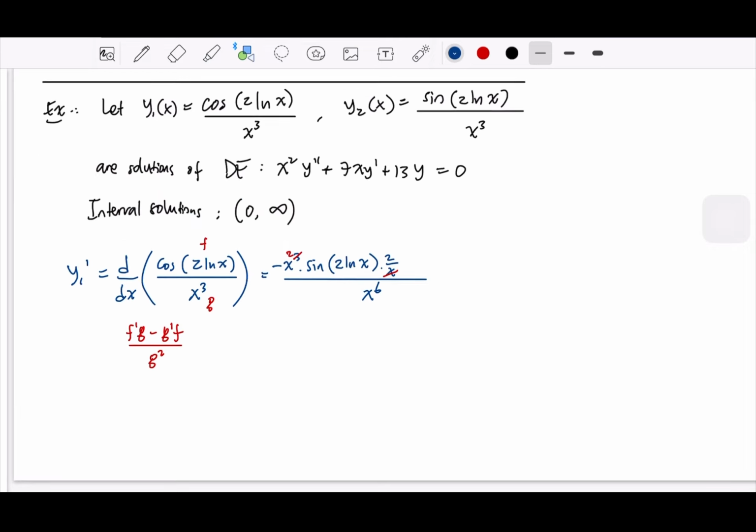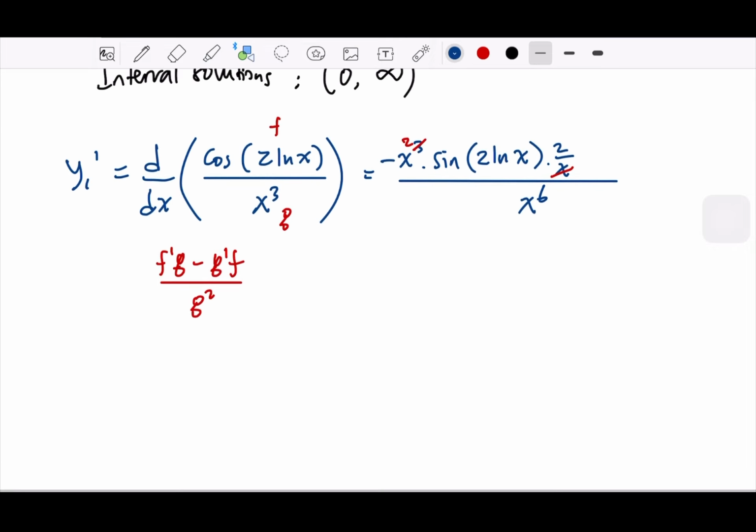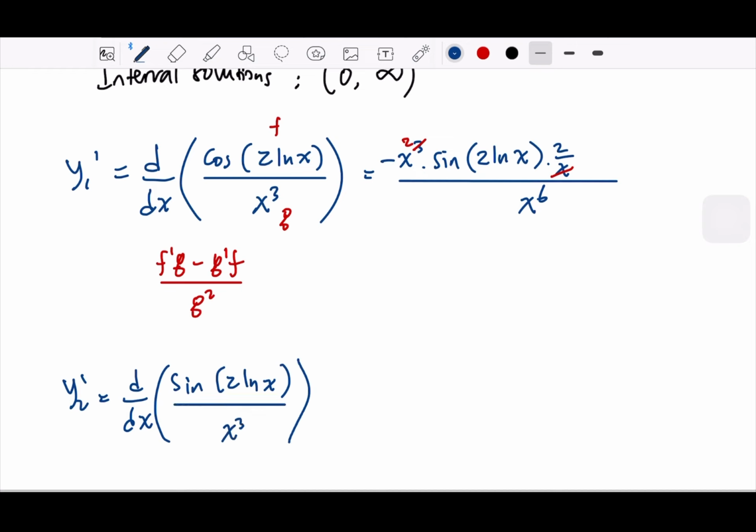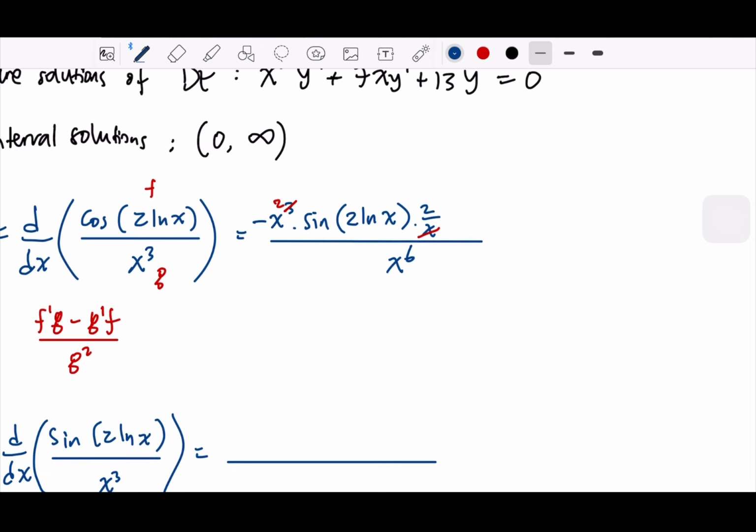Okay, and then y2 prime is supposed to be the same or similar. Oh, forgot to write the next quotient, sorry.